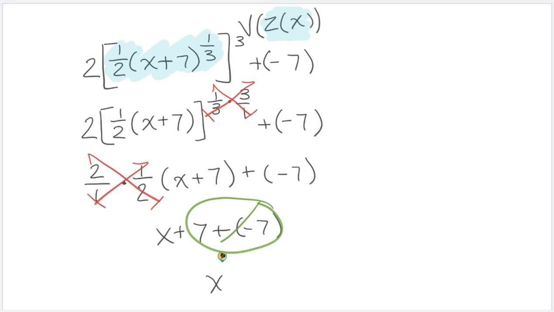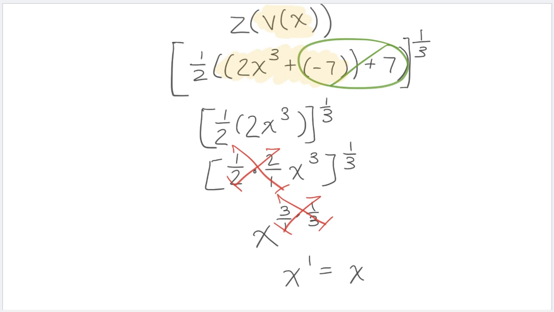Here you can see that I did v of z of x, and once you plug the z function into your v function, we end up with some 1 pairs. 1/3 times 3 over 1 gives us a 1 pair because of our multiplicative identity, and that no longer adds value to our function, so I just drew 2 giant 1s through the 1 pairs that are created, 3 over 3 and 1 over 1. Again, we have another set of 1 pairs, 2 over 1 times 1 over 2, which no longer adds value to our problem. And then at the bottom we have a giant 0 pair, positive 7 plus negative 7, which creates a 0 pair because of our additive identity. And ultimately we end up with x.